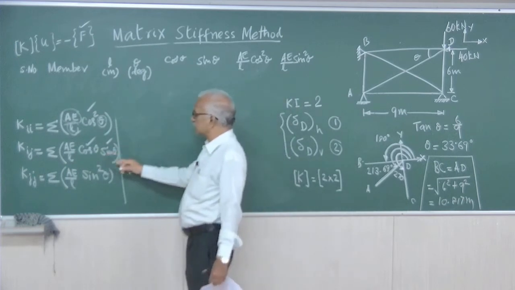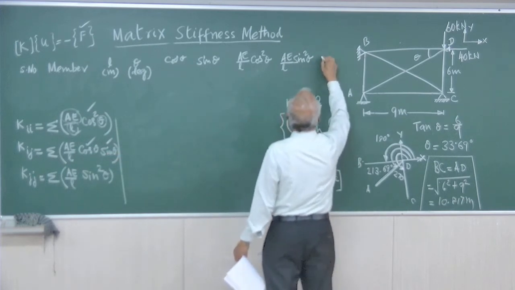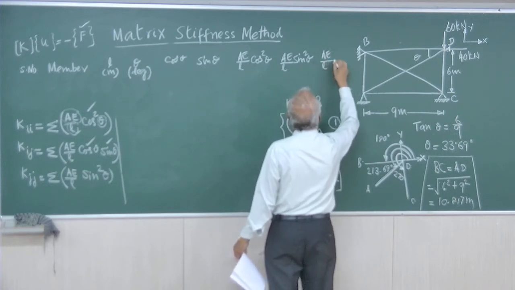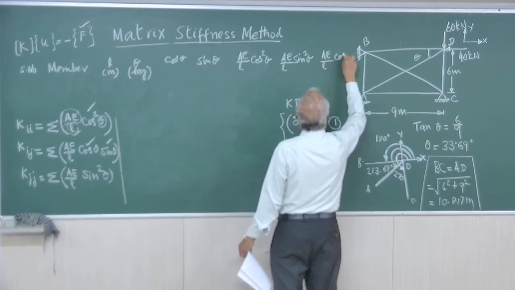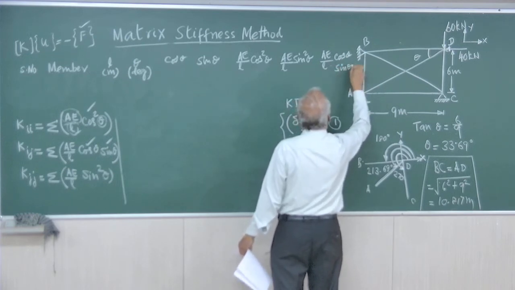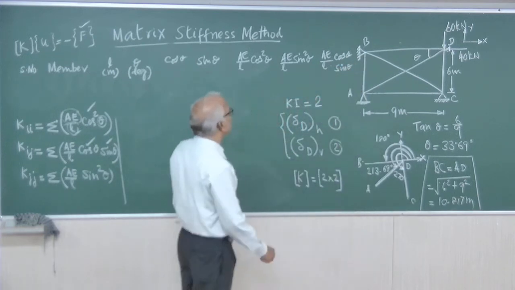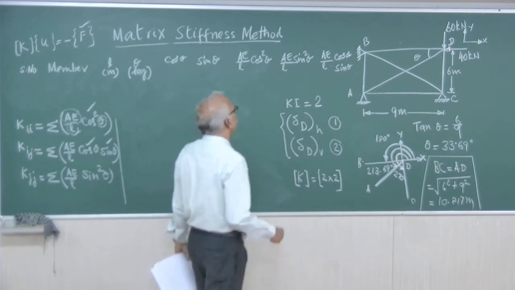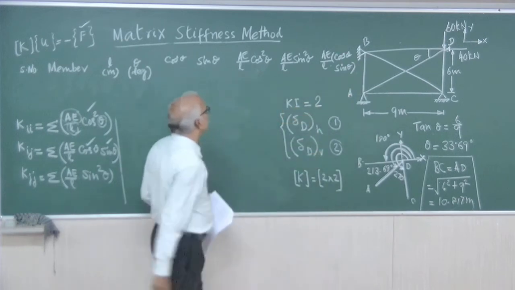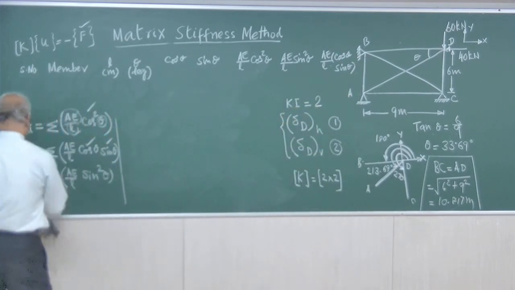For this it is AE by L cos theta sin theta. For want of space, I have written below cos theta, sin theta. Right. That's about the columns.